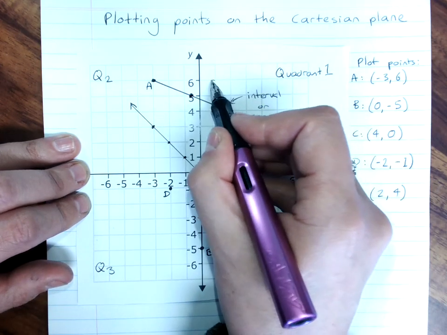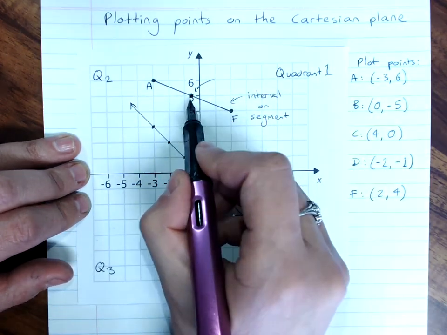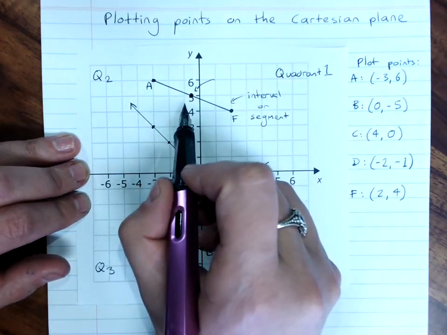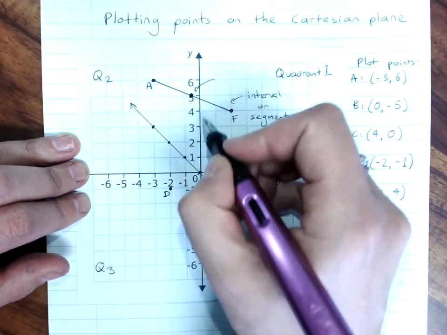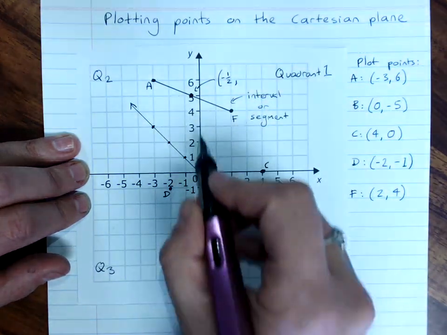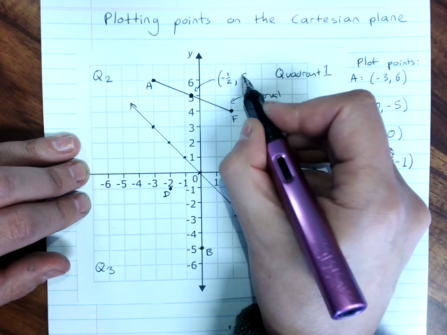Now that's an interesting point, pun intended, because that's not an integer value, a whole number. That is, x is at -1/2 and y is at 5.